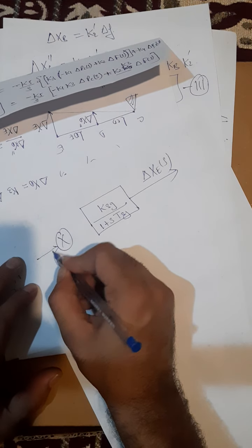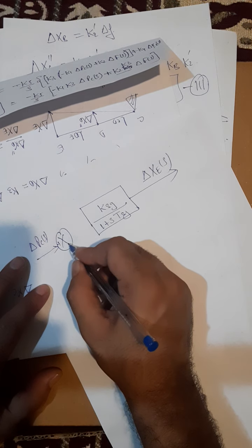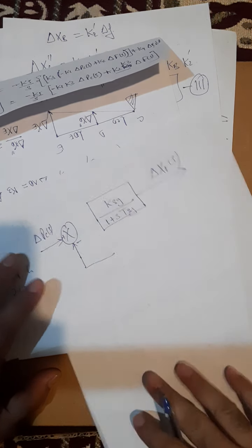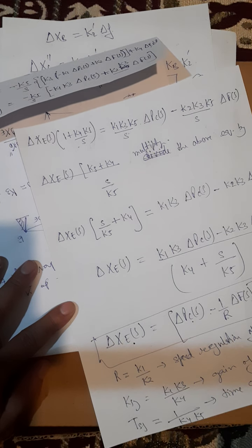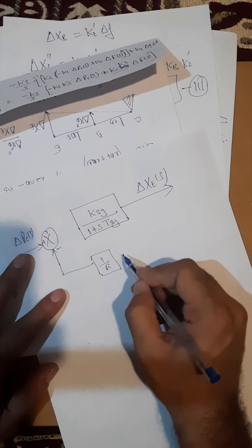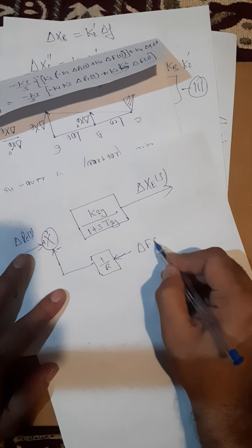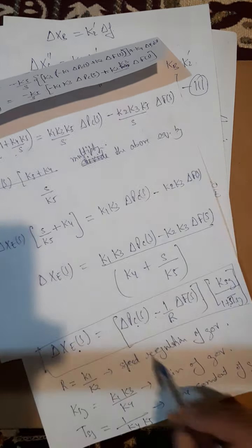So this is delta PCS, which is positive, and the other input is negative, which is 1 by R into delta Fs. Is this equation complete now?